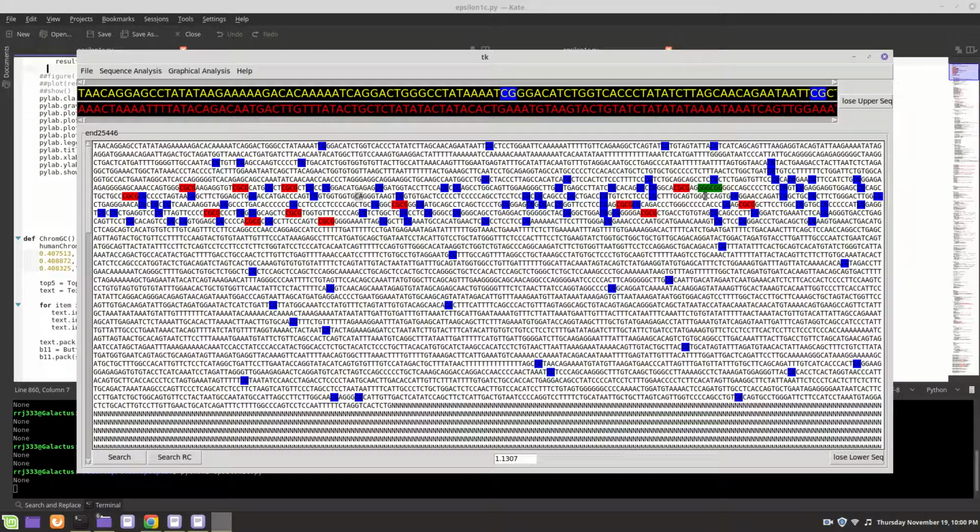But if you did, you should find one or more of these. Try to get as many of these G's in there as you can. Of course, if you get one with 4 on one side and 4 on the other, that's the perfect consensus. And if it's in the middle of your regulatory region here of your CpG island, that's it.